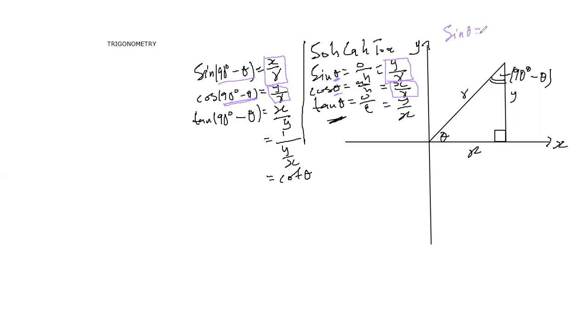We know that in trigonometry this is actually true, because we just proved it using a triangle. There are other ways to prove it, but this is the easiest. So we know cos 90 minus theta is sine theta, and tan 90 minus theta is cot theta. These are important. You're going to see a lot of them when solving trigonometric expressions.